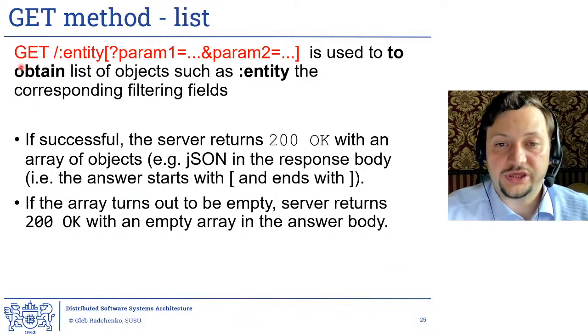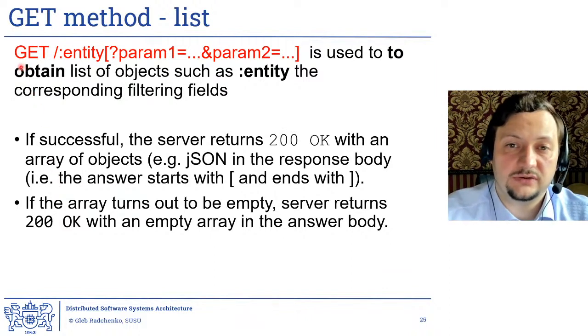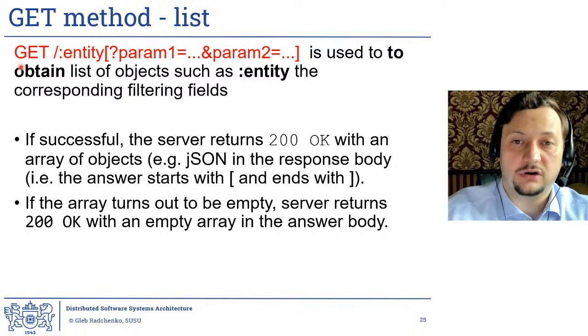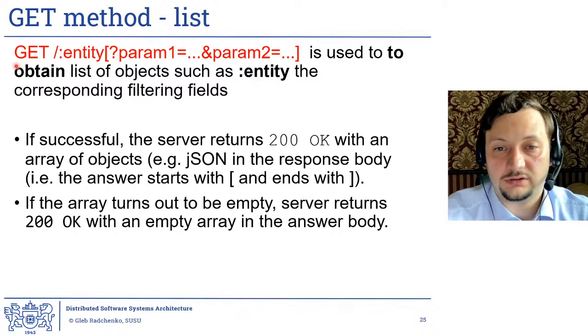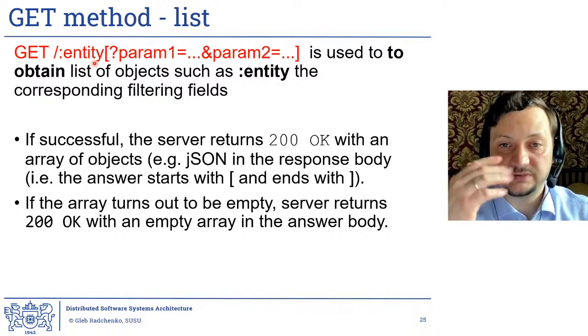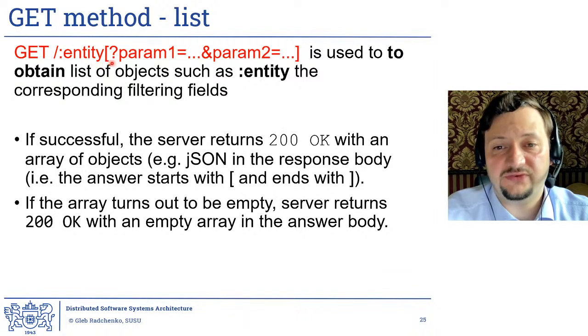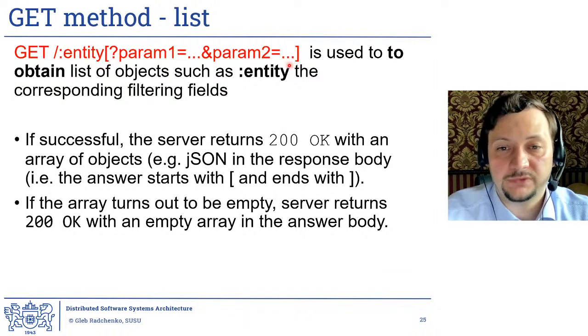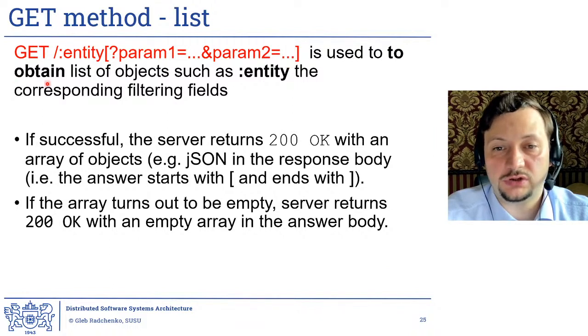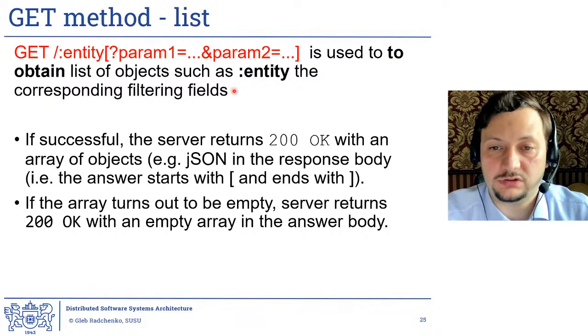Next, we can request the whole list of objects by implementing the GET entity method without a specific identifier. We can provide some filtering parameters as parameters of the request, and this method is used to obtain a list of objects with the corresponding filtering fields.